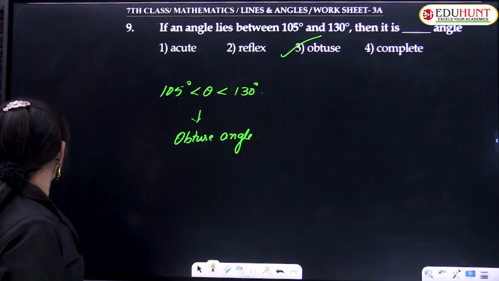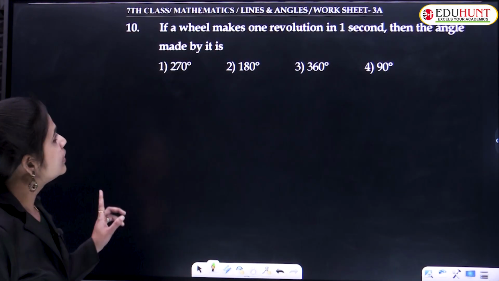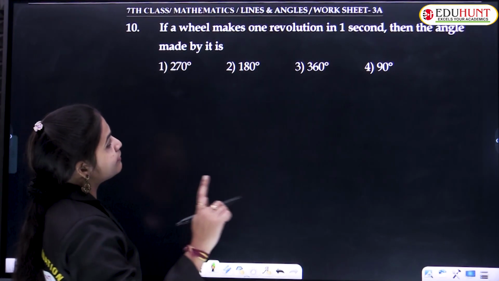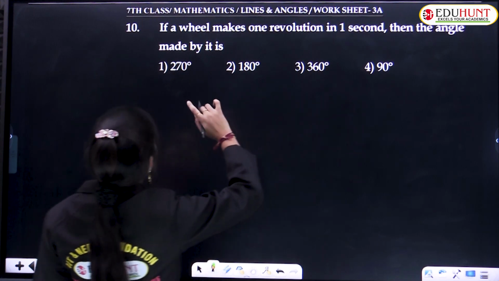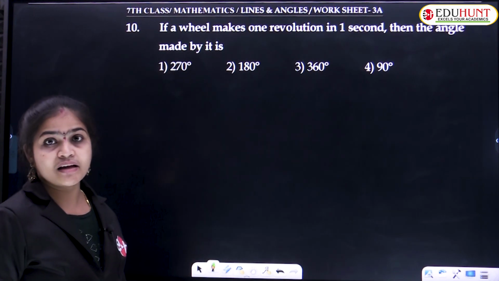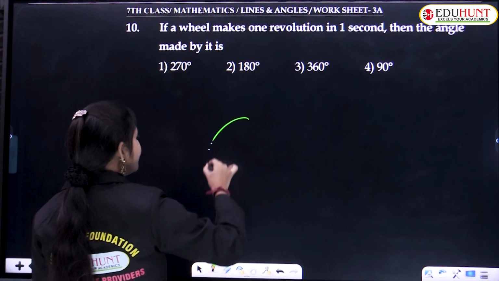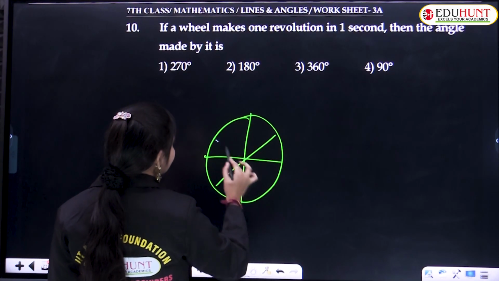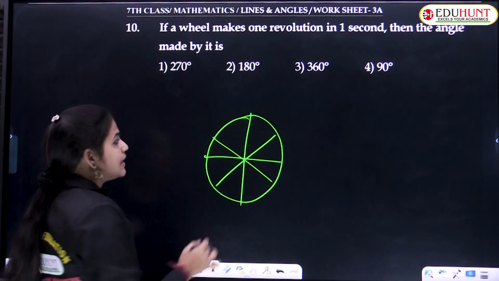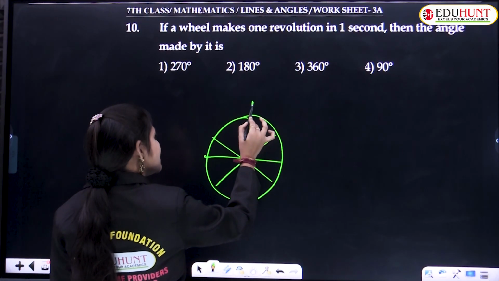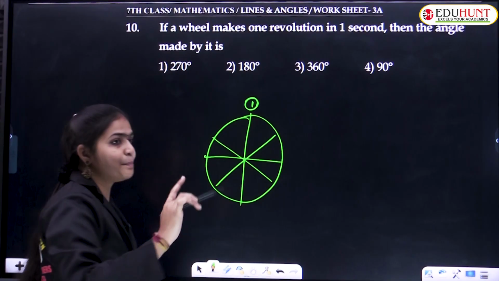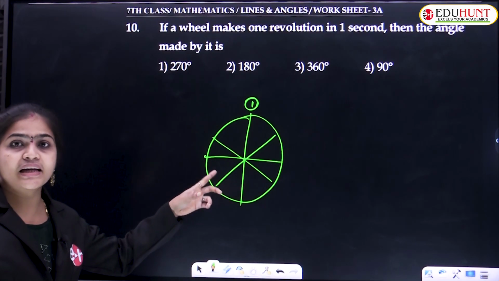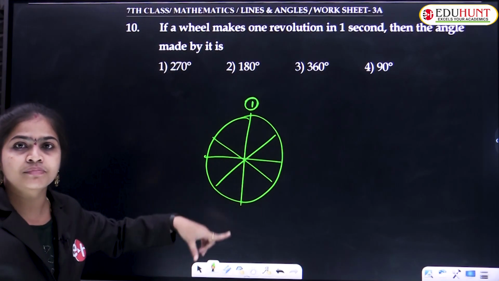One more question from this worksheet 3A: if a wheel makes one revolution in 1 second, then the angle made by it is... One wheel is there. See here, for example, this is the point, and it completes one revolution, which means a turn about itself, one full rotation.